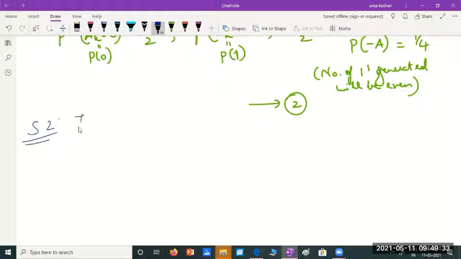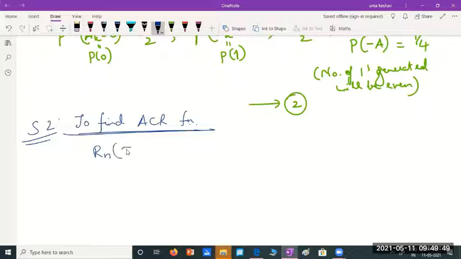Step 2 is to find the autocorrelation functions. As usual, we define Rn of tau as summation, n equal to minus infinity to plus infinity, AK into AK minus n into the probability Pi.